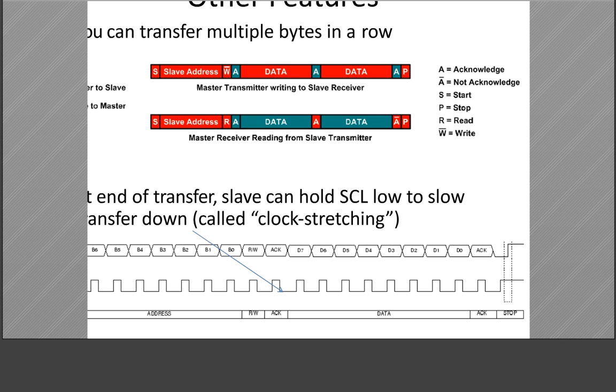Half of the file. And transmission is completed. Okay, serial.pdf. That's it.